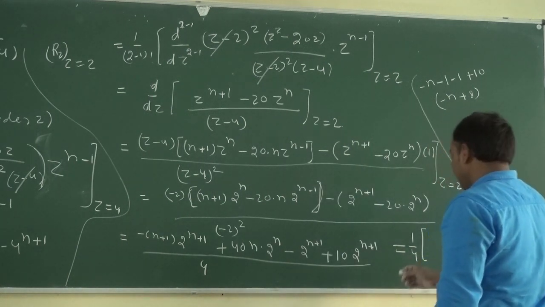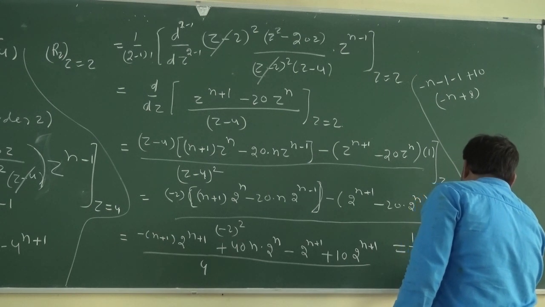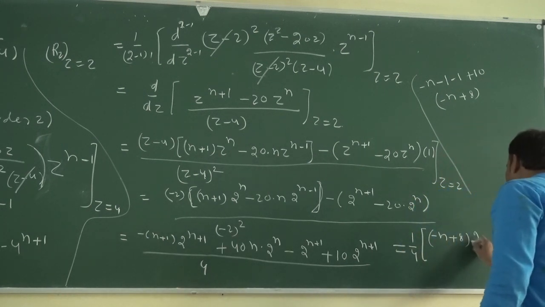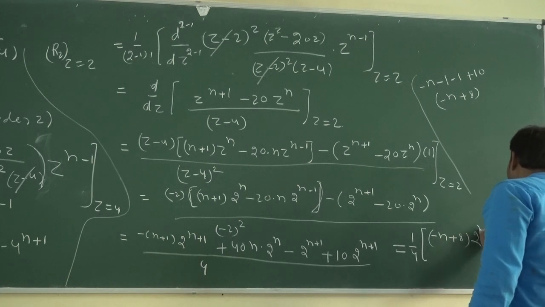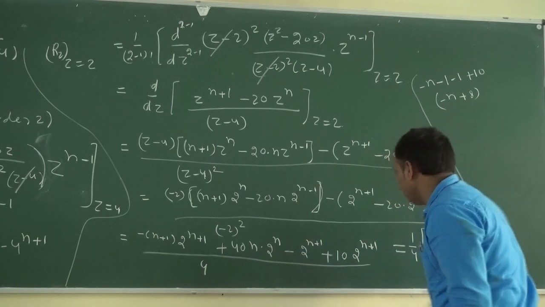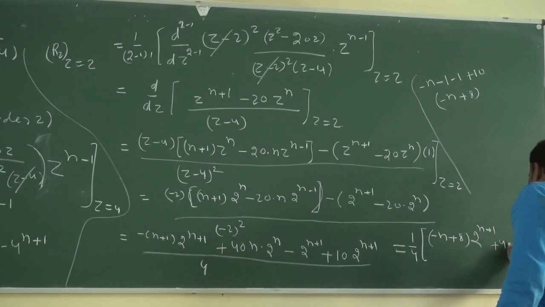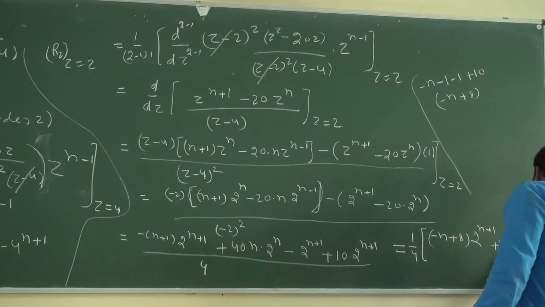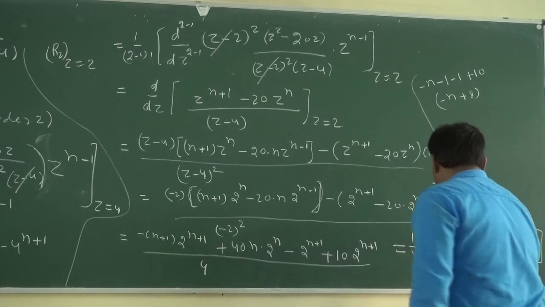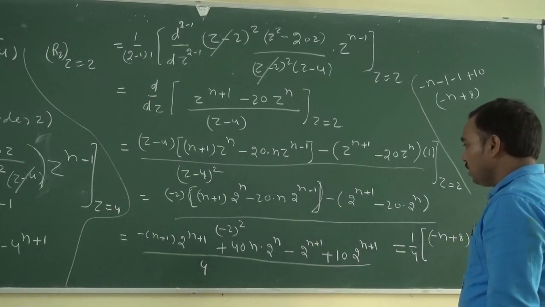So you can write here (minus n plus 8) 2 to the power n plus 1, and here plus 40 n 2 to the power n. Finally we get the answer of this problem.